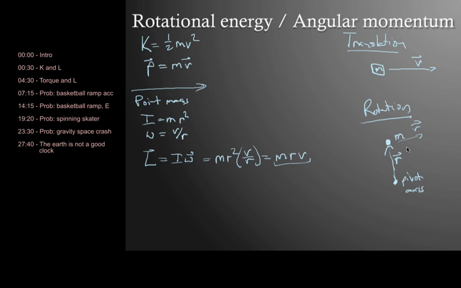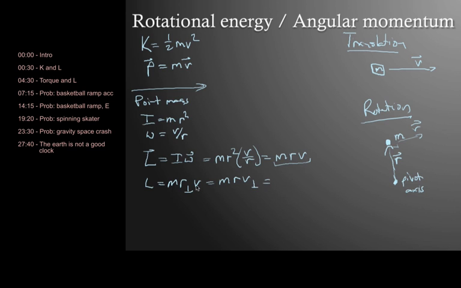Here we made the assumption that v is perpendicular to r. So what we really mean is that L is m r perpendicular to v, or m r v perpendicular.